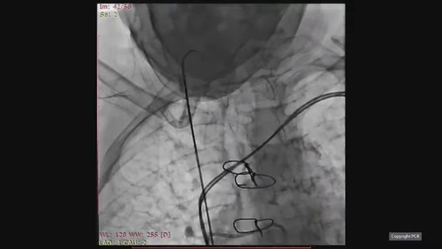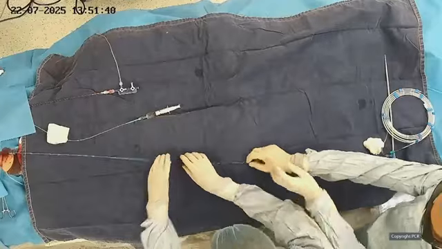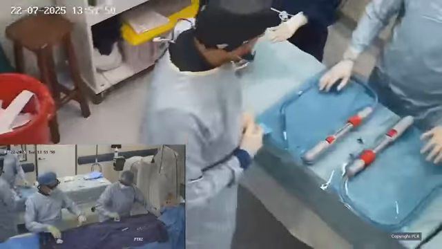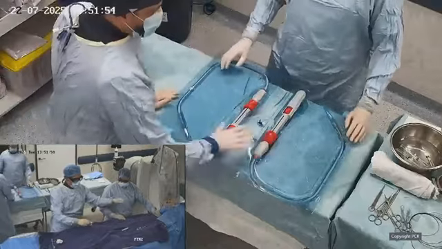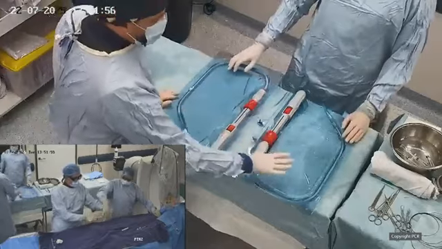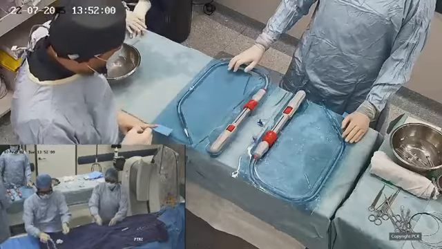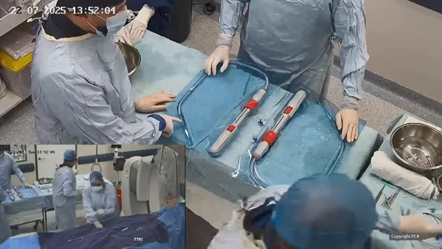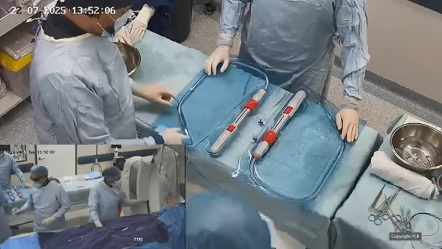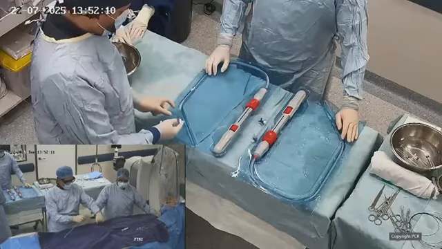I'm going to show you the first system that we are going to use. Please come here with the camera. We have two systems, superior and inferior. You can see that both are very similar. They are 28 French in size, and you have a very small nose cone, then the capsule that contains it all, and the system.